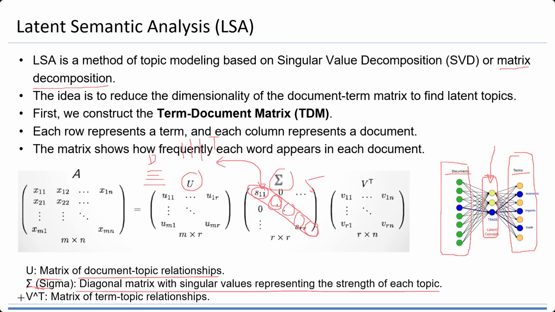And then V transpose is the matrix of term topic relationship. So V is the term and topic relationship.